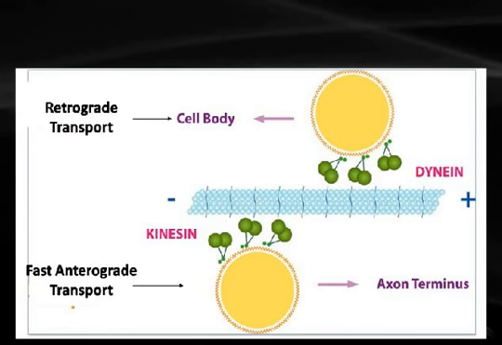Retrograde transport, for example, is important for the transport of spent synaptic vesicles from the synaptic terminal back to the cell body. Proteins such as dynein and kinesin are important for this long-distance transport to occur. In the specific case of retrograde transport, dynein, which is a molecular motor, that is, a protein that can move along this microtubule, will carry the spent synaptic vesicle along the microtubule back to the cell body.